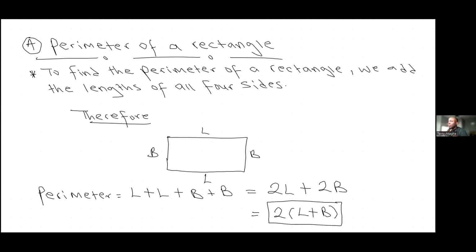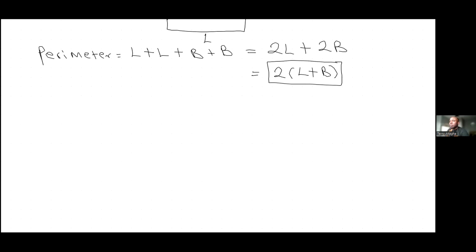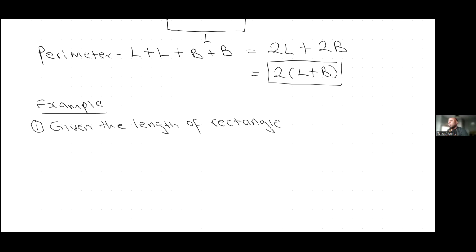All right, let's pick an example for this. So let's assume we have this question here. Given the length of a rectangle, let's assume we have it as 10 centimeter.